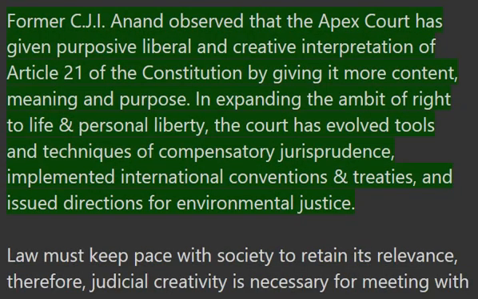Former CJI Anand observed that the Apex Court has given purposive, liberal and creative interpretation of Article 21 of the Constitution by giving it more content, meaning and purpose. In expanding the ambit of right to life and personal liberty, the court has evolved tools and techniques of compensatory jurisprudence, implemented international conventions and treaties, and issued directions for environmental justice.